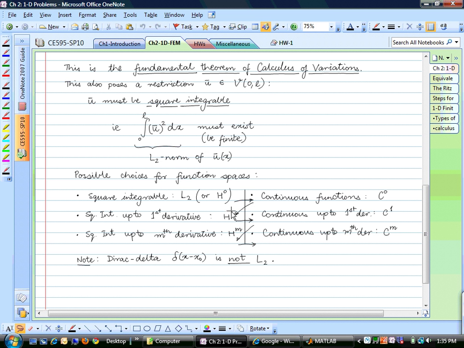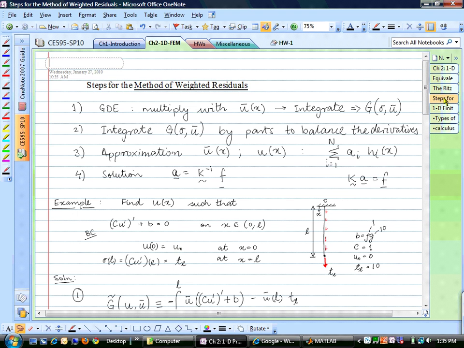Are they continuous functions? Do they belong to C0? They are continuous over 0 to L, right? So they are at least C0. How about if we take their derivative?